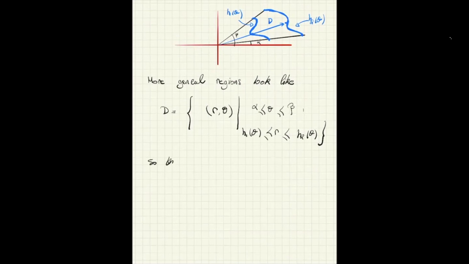So for this kind of regions, the integral over D will be given by the integral.